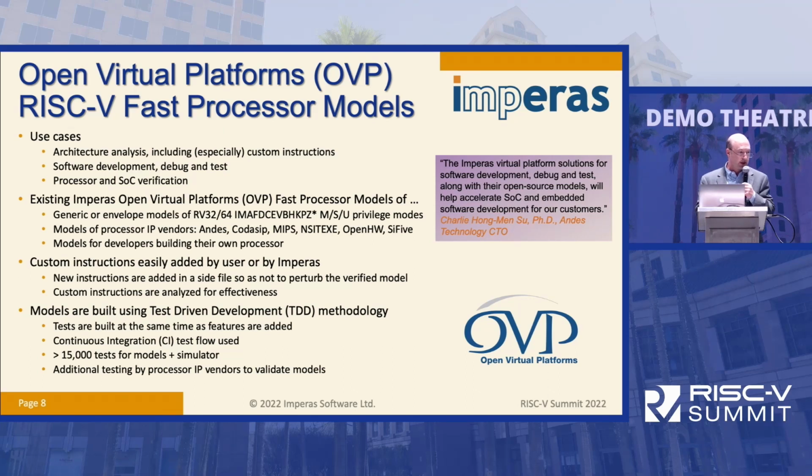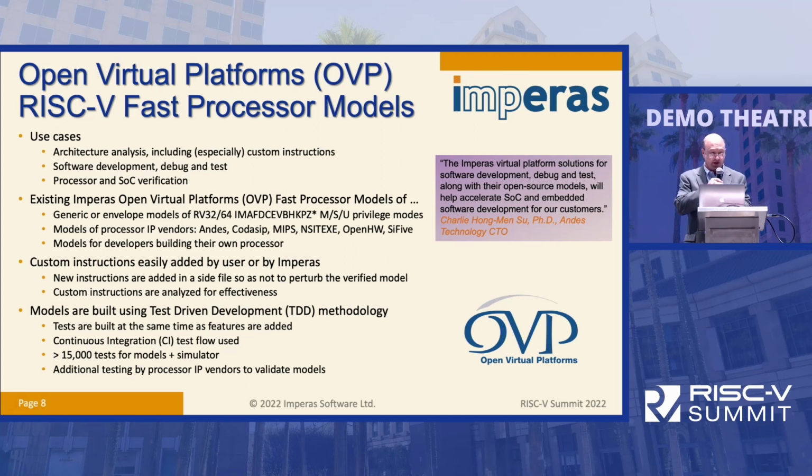So a little bit more detail on the RISC-V models, the fast processor models. Again, the 3 use cases. So we support the full specification, the full alphabet soup, including the privilege modes. We support the various processor IP vendors and models for developers building their own processor.